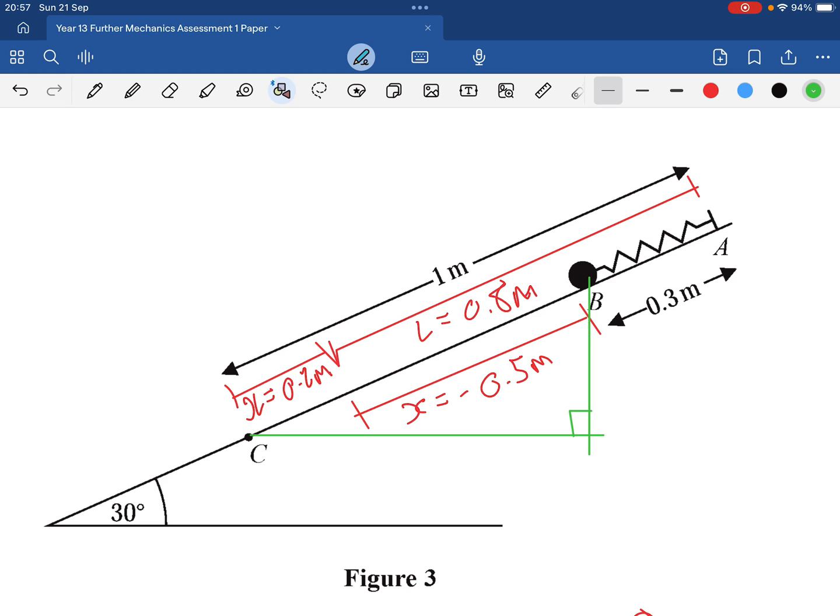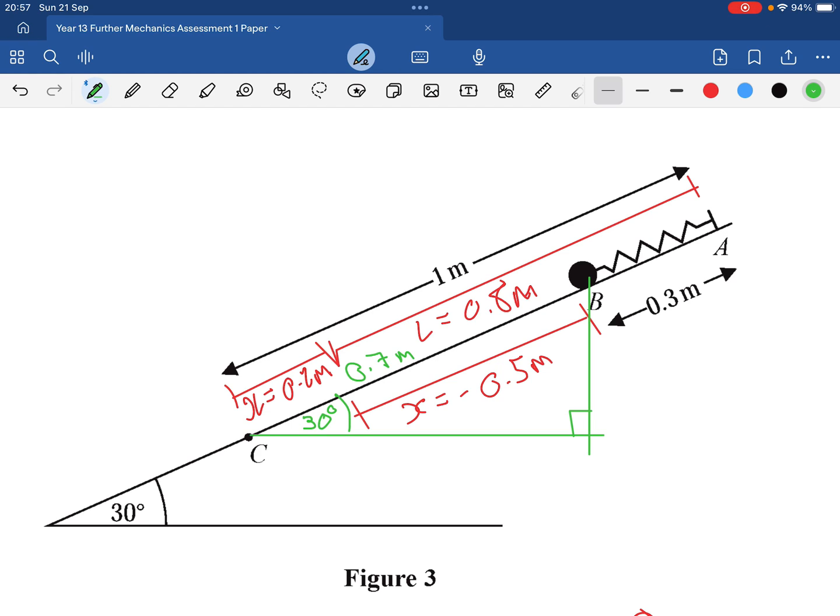This is a right-angled triangle. Here we can think about the height that our particle has lost or gained as it moves from B to C. So I'm going to add in this length here of 0.7 meters from B to C. And also I'm going to add in this theta of 30 degrees for our slope.